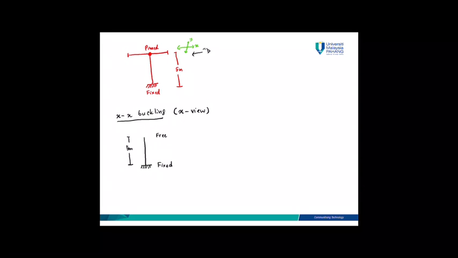So if it is fixed free, then LE is equal to 2L. And the buckling shape from fixed to free is mirror image. So your LE is actually 2 times 5 is equal to 10 meter. This is from X view.